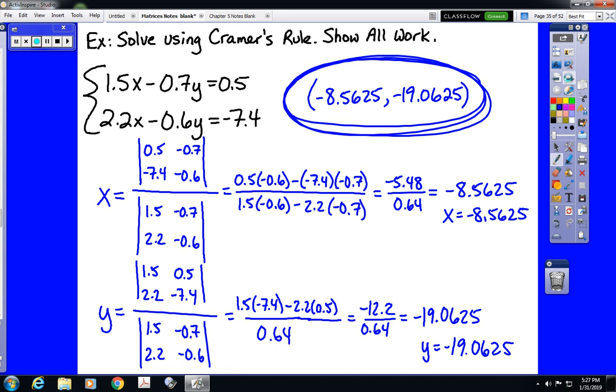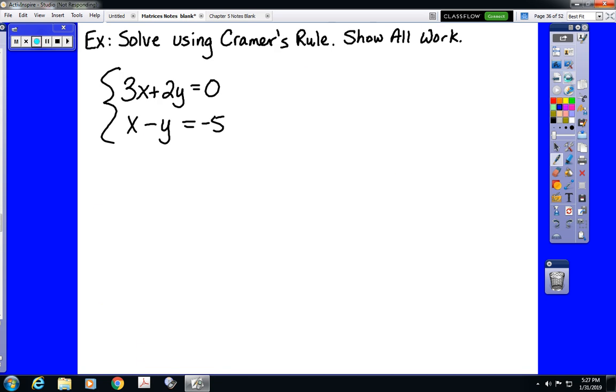Okay, next example. Also, I believe, a 2x2 system, and this might be our last 2x2 system. We will see when we get there. So again, we're going to start off with x. Bottom determinant is the coefficient matrix, which would be 3, 1, 2, negative 1.